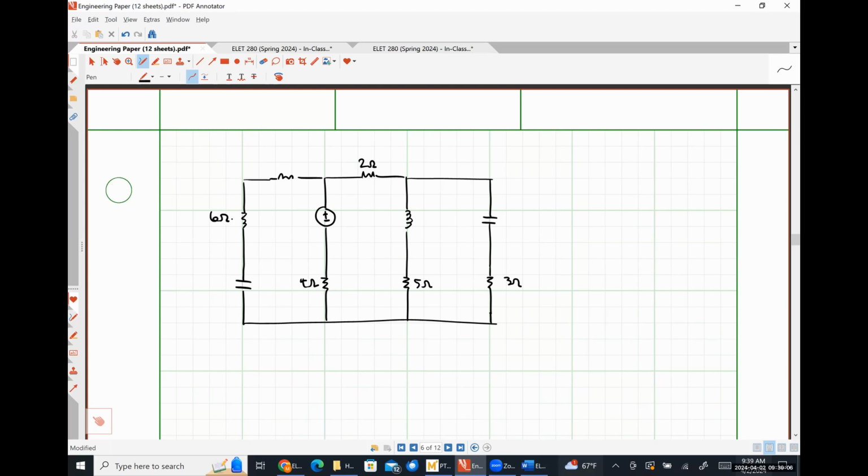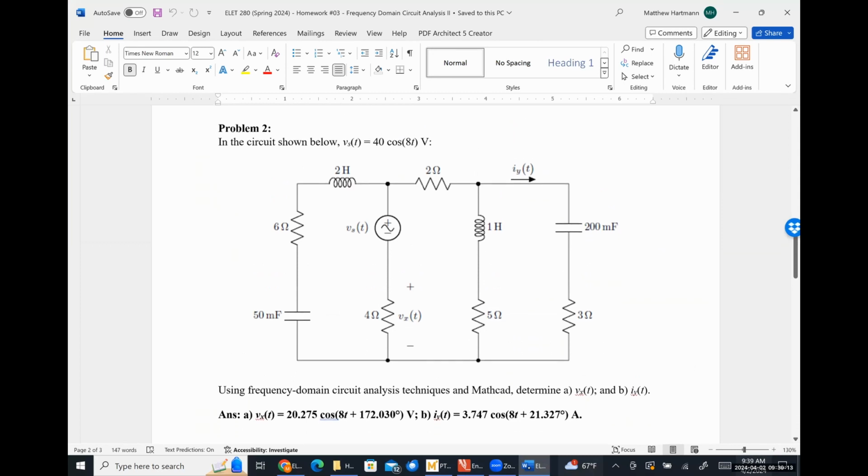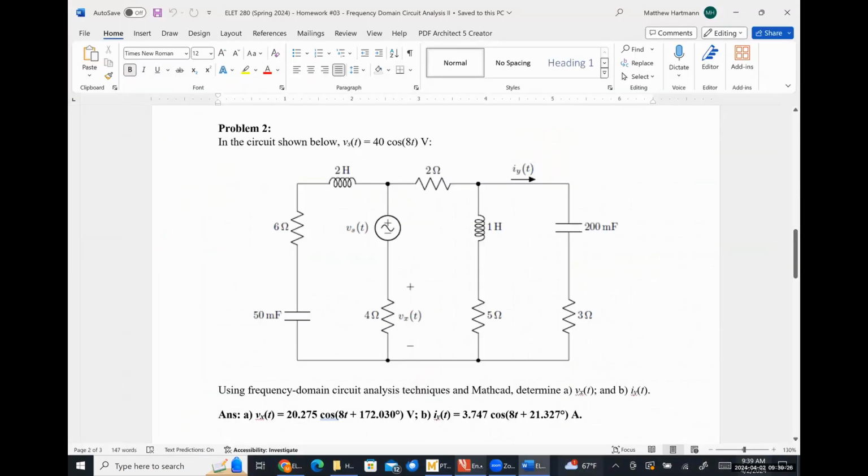All right, so I'm going to run through and calculate my impedances really quickly here. Let's do the 1 Henry. That's going to be 8 times 1, so J8, which makes this guy up here J16. Then I have 50 millifarads.